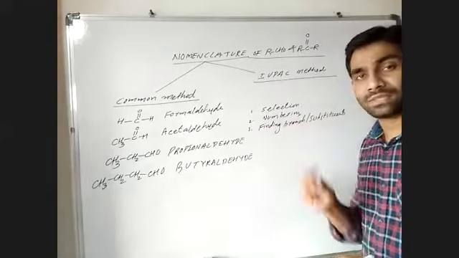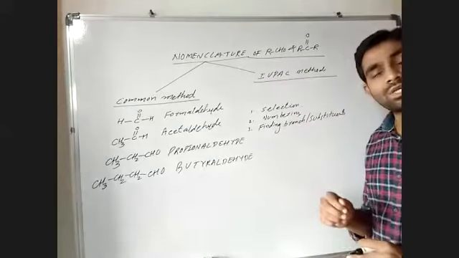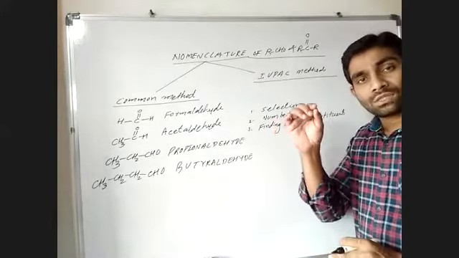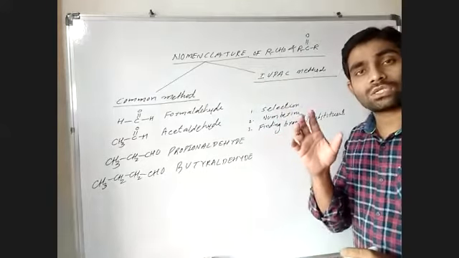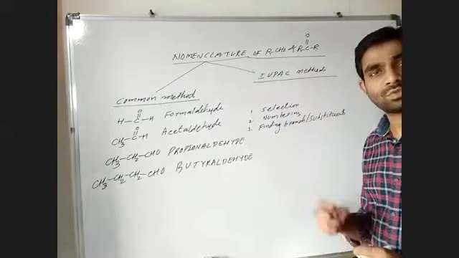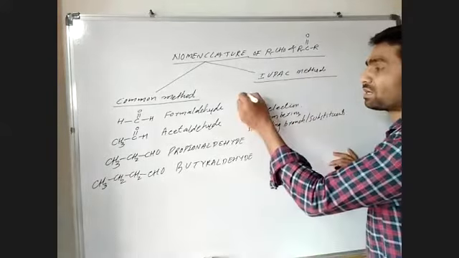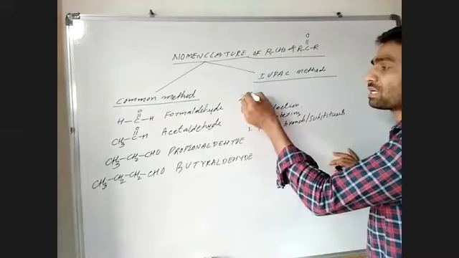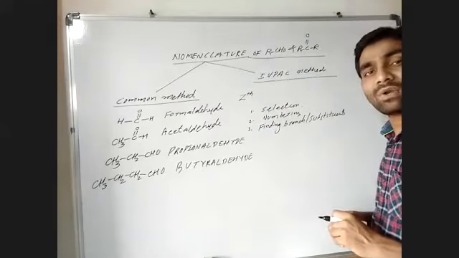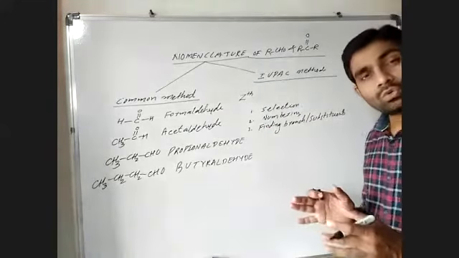We'll take an example. And the third rule is we have to find out the branches or substituents on the selected chain. And there is a very important rule, that we can call the zeroth rule, just like we have learned in thermodynamics.